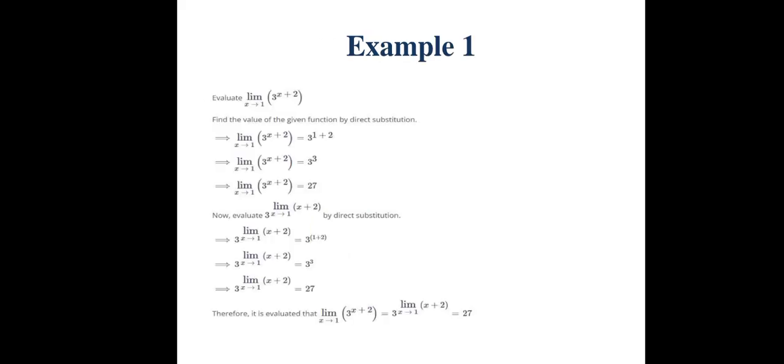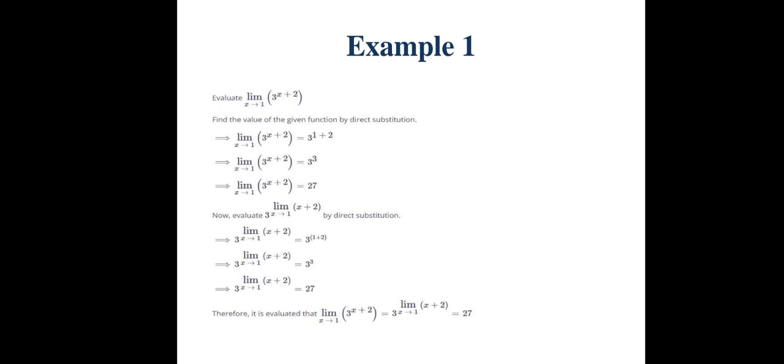Take one example here. Limit x tends to 1 of 3 raised to x plus 2. Here the limit is 1, so wherever you have x, you substitute 1. We get 3 raised to 1 plus 2. 1 plus 2 is 3, so 3 raised to 3, and we get the answer as 27. As per the exponential formula, we take the base raised to the power value.